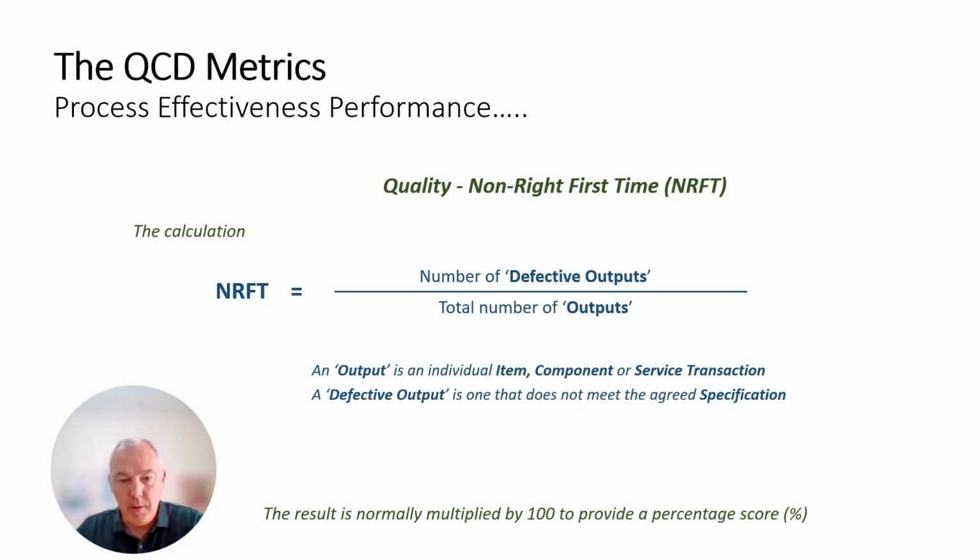That goes at the bottom of the equation, and on the top of the equation we identify how many of those outputs were defective. Defective here would mean not meeting the customer requirement or the specification. So we divide the number of defectives by the total number of delivered outputs, and multiply that by 100 to give us a percentage score of non-right first time.